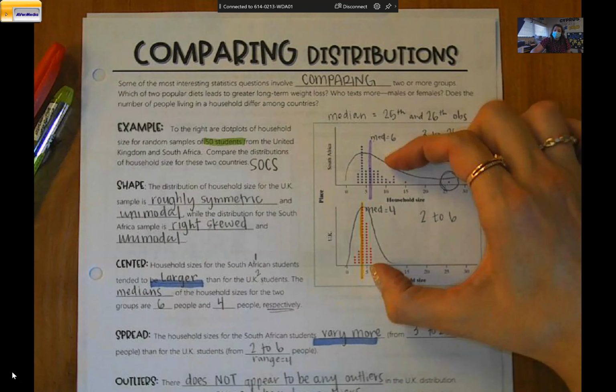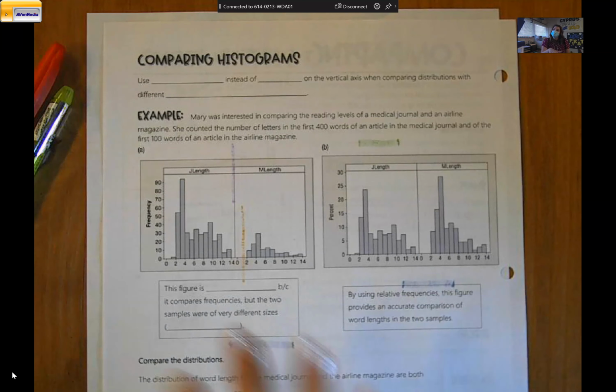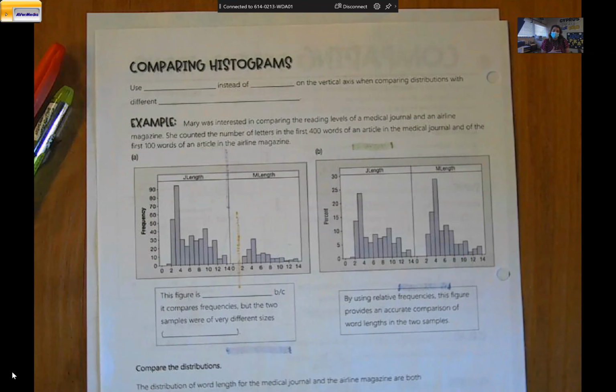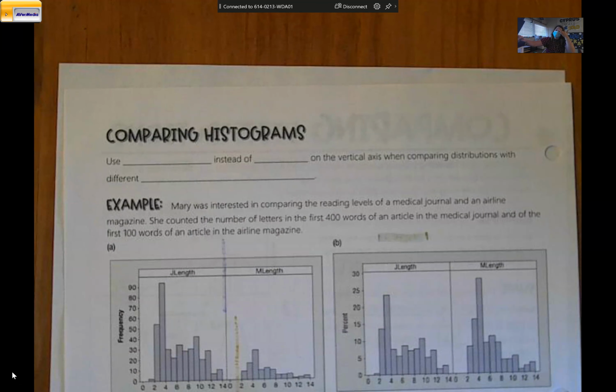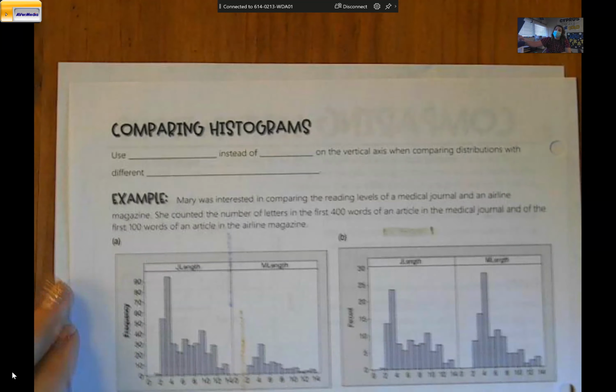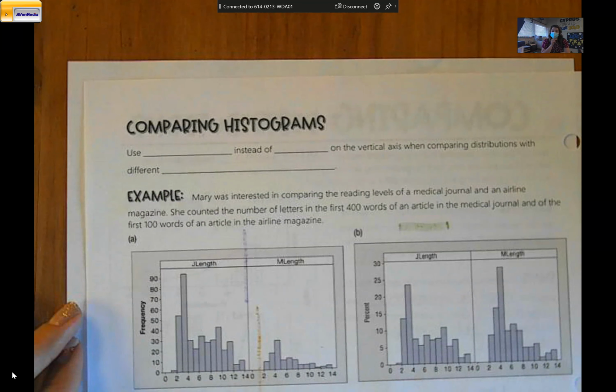On this one, we have dot plots, but if you turn the page, once you compare histograms, things get a little bit different. You have to use a different method for looking at or comparing histograms if they have a different number of observations.